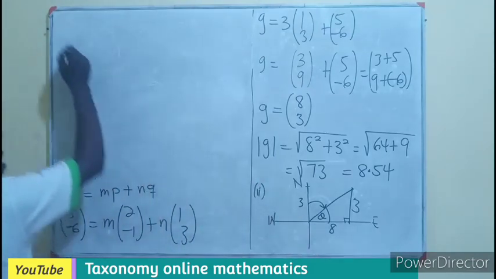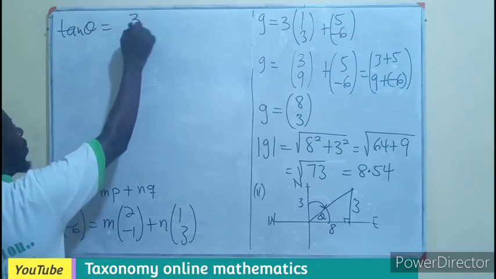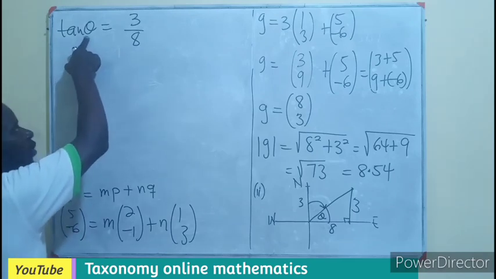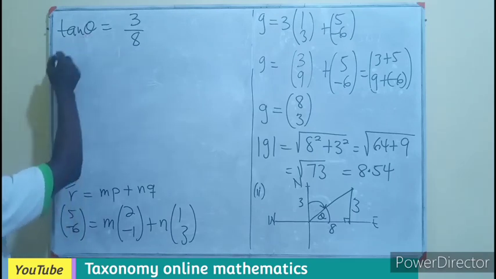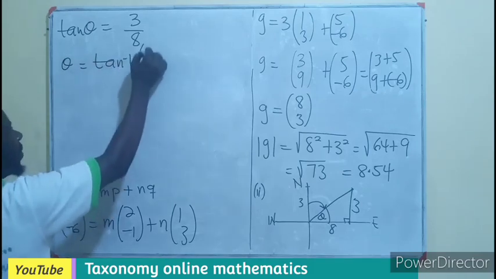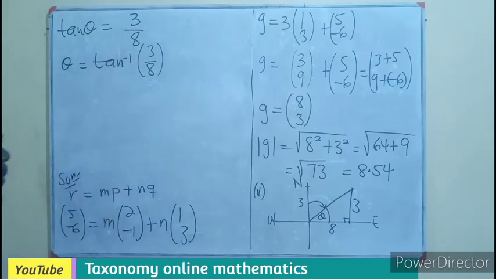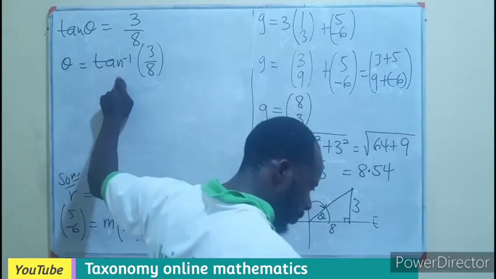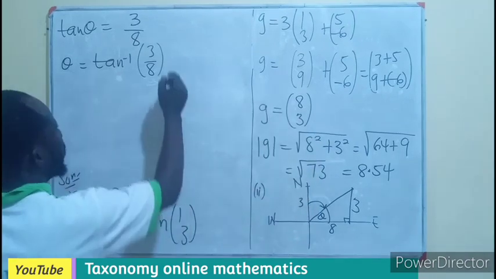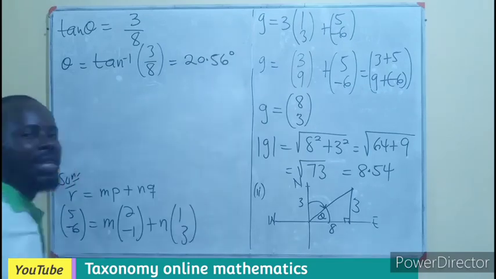So from here, we have tan theta equals the opposite side over the adjacent. And we are looking for theta, right? So theta equals tan inverse of 3 over 8. And on our calculator, that will give us 20.56 degrees.